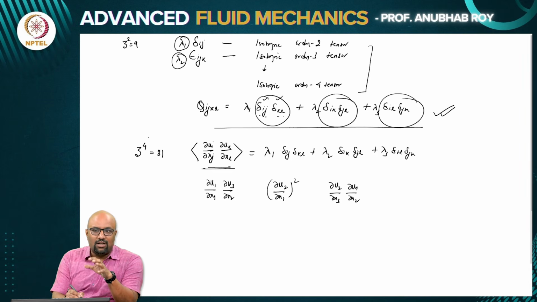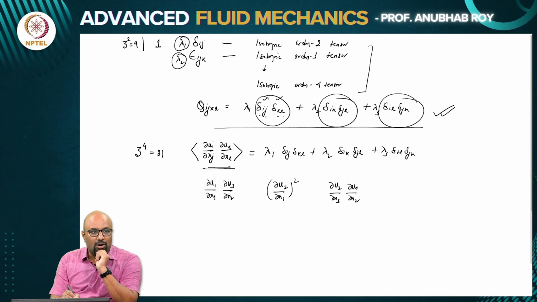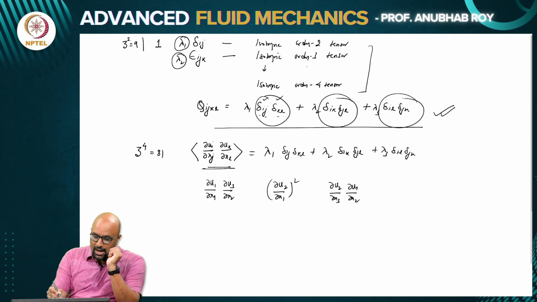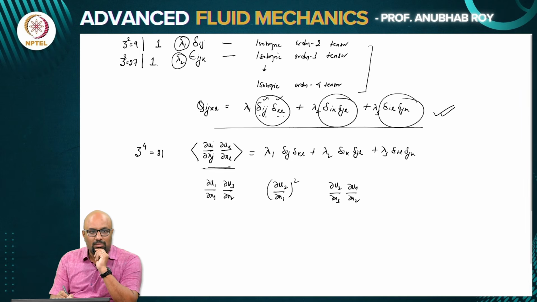An order 2 tensor will have 9 components, but an isotropic order 2 tensor has only 1 independent component. An order 3 tensor can have 27 components, but if it is isotropic, it is going to have only 1 independent quantity to be specified.